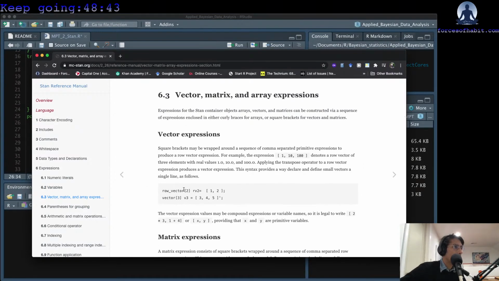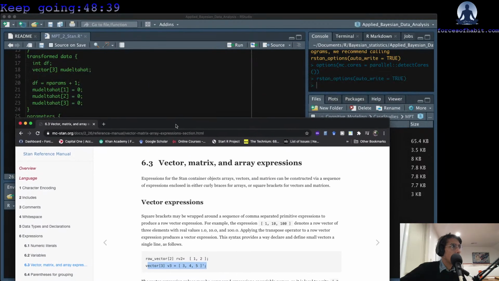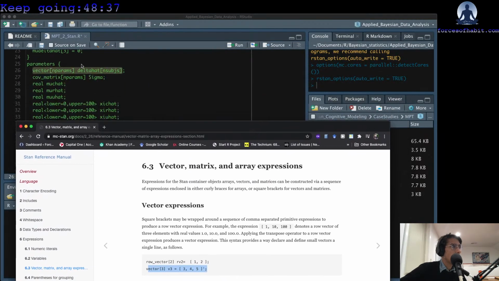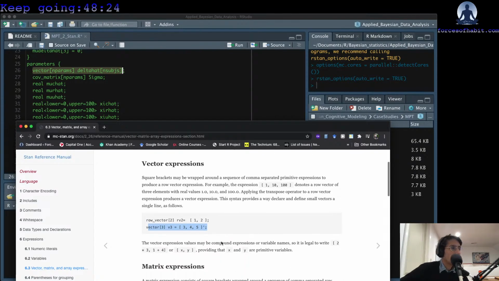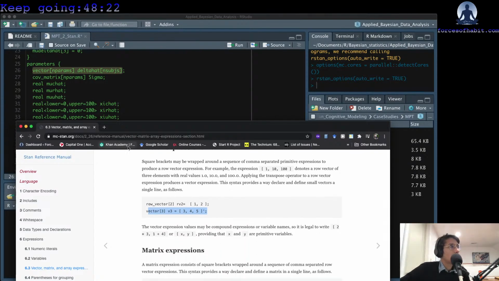So here, this is sort of what I was trying to capture, right? Where it looks like that's what's happening here, where we're saying a vector and then we're saying what the vector is. So applying the transpose operator, it's setting up a small vector.